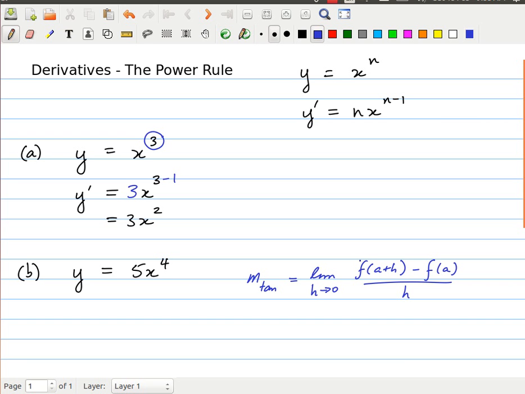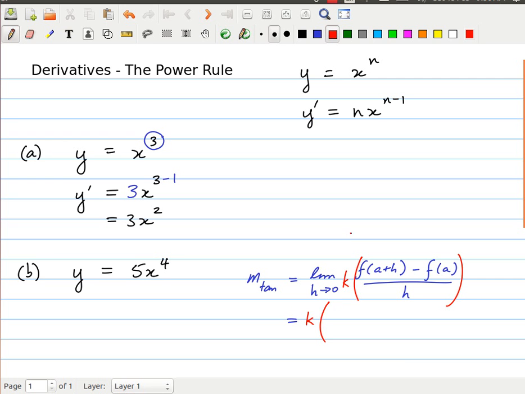And when we looked at limits, if you had a constant k multiplying your limit, the limit as h approaches 0 does not affect the constant itself. So another way of writing this is to take that constant k out as a multiplier.